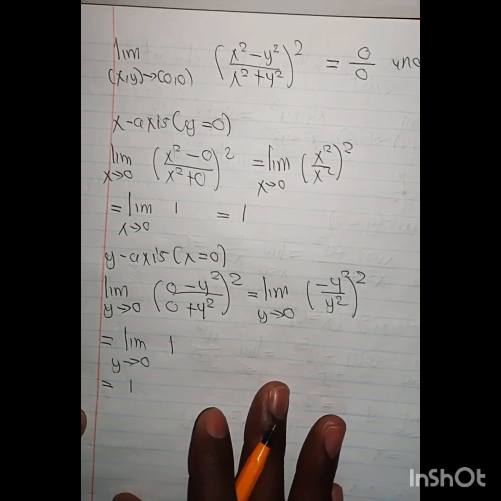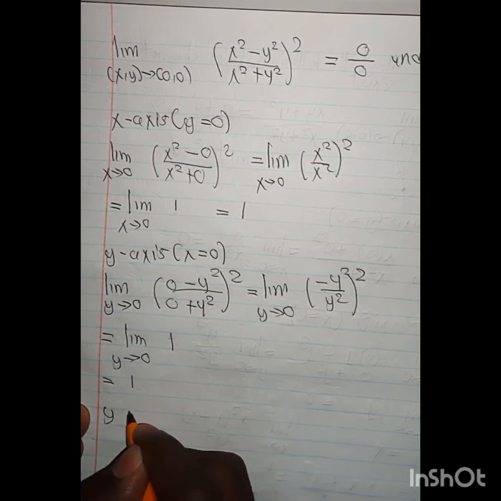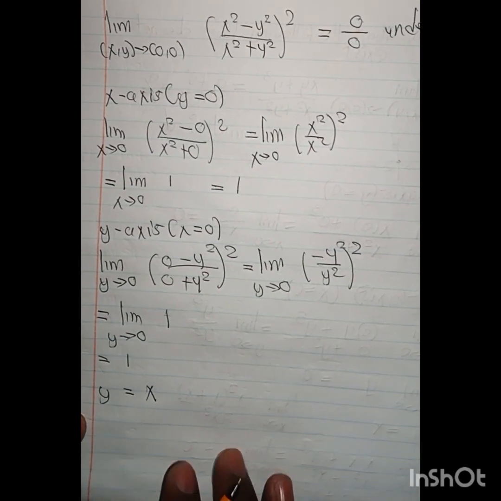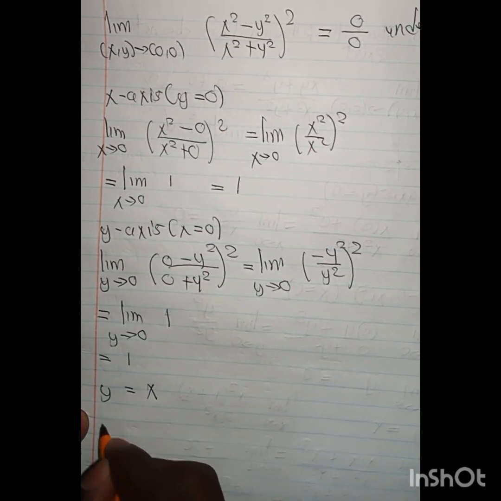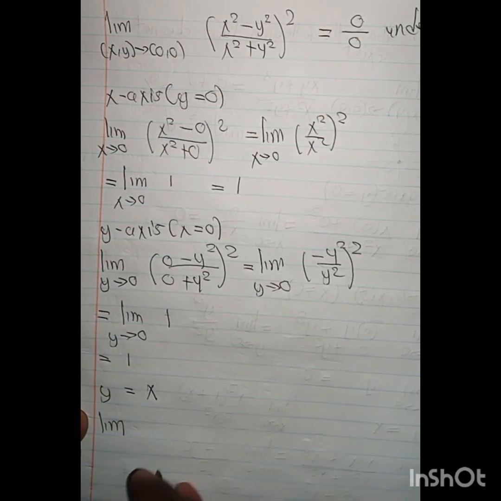Let us also approach the origin from the line y equals x. So from the line y equals x, we will have our limit of x squared. Then we will make y to be x.